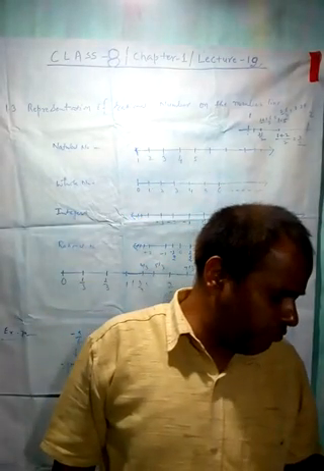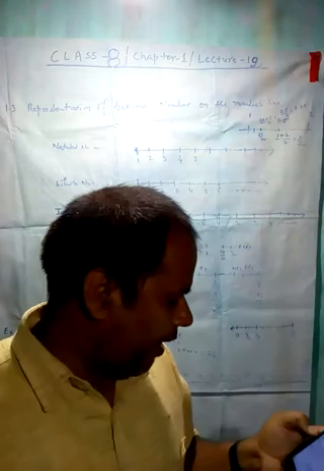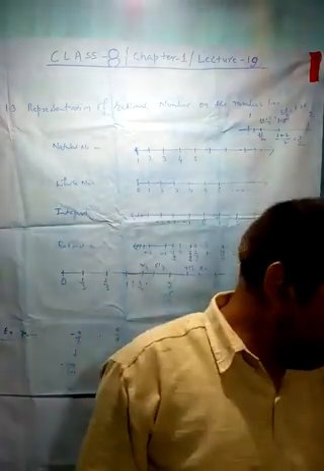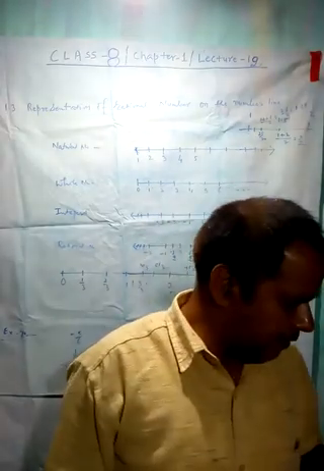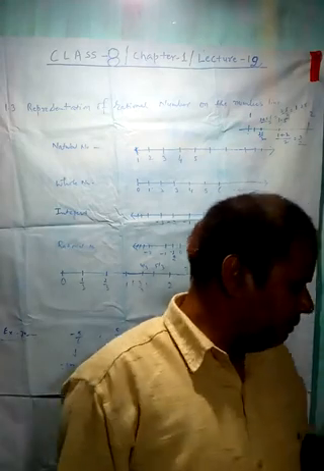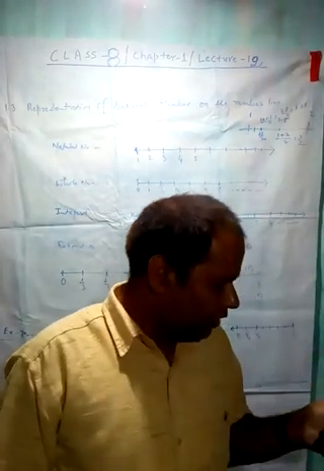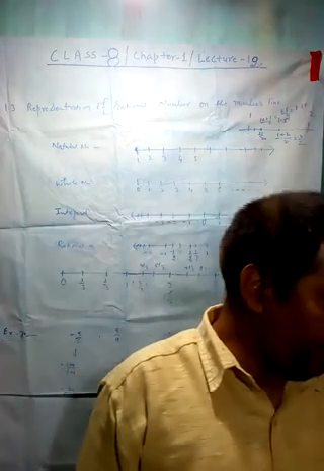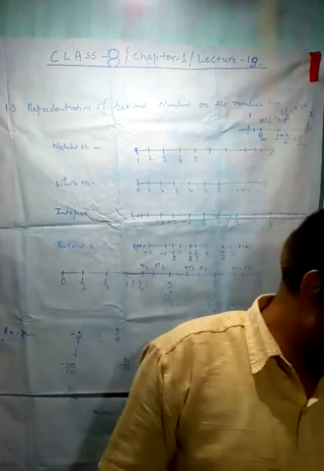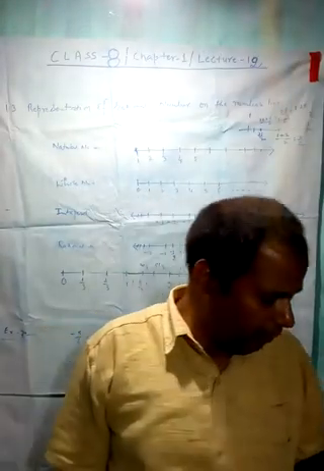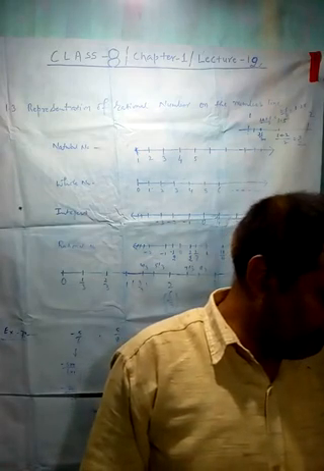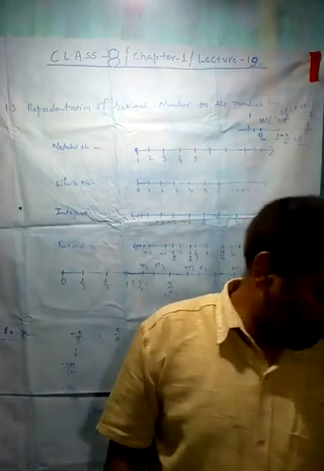If A and B are two rational numbers, then A plus B by 2 is a rational number between A and B, such that A is smaller than A plus B by 2 and A plus B by 2 is smaller than B. Using this formula, you can get the mid value of any two given numbers on the number line. This again shows that there are countless rational numbers between any two given rational numbers.